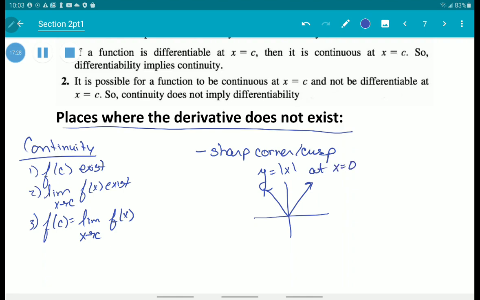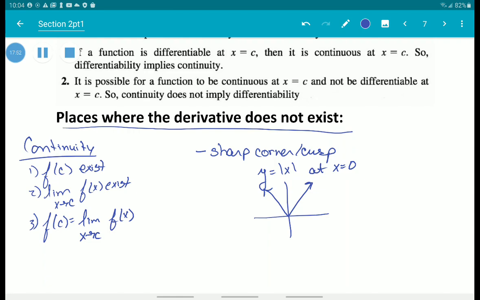At 0 is where we really have the problem. Over here and over here, it's going to be fine. It's going to be differentiable. But if you look at 0, that's where we have that sharp corner. Corners are two lines coming together. Cusps will look more like this. So in this case, we have a corner. We have a problem at x equals 0.